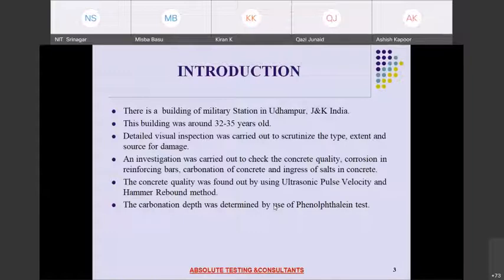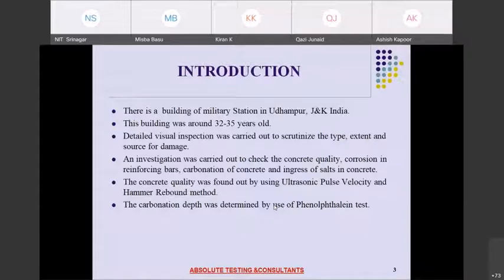Because by using these non-destructive techniques, we can easily find out the type of damage. Type of damage means whether there is a crack, whether those cracks are because of some loading failure, or because of corrosion, or because of settlement of foundation.